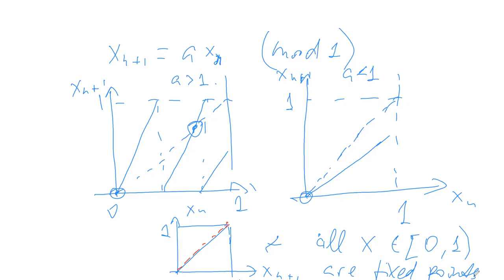Now, if we look at the Lyapunov exponent, since f prime here equals a more than 1, therefore lambda, which is the logarithm of f prime, will be positive, because it's the logarithm of a number which is more than 1.